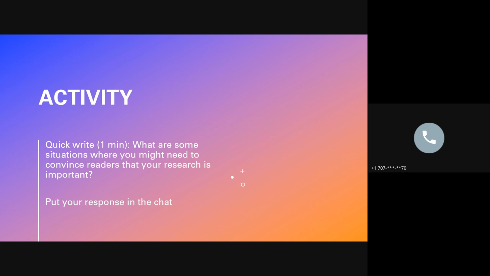And so thinking about this is just such a great exercise for you to do in terms of how am I going to explain this? How am I going to explain to somebody else that my work is important? Because you know that it is, but you're so deeply embedded in it that it's almost implicit knowledge to you now. And so figuring this out can be really useful. So great. Thank you.